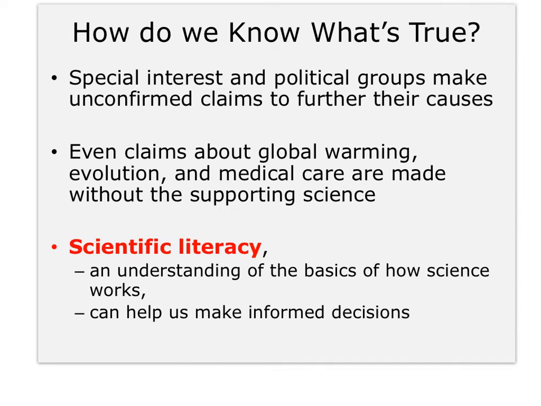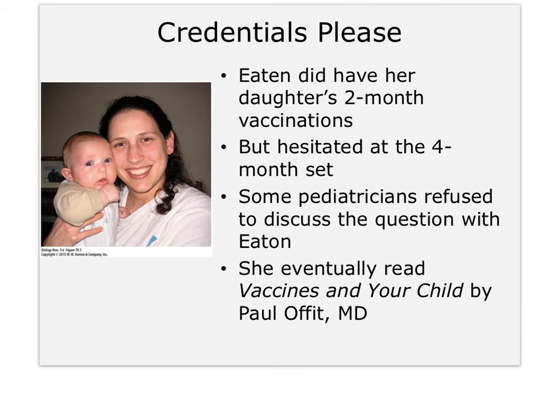So how do we know what's true? We really need to look at how basic science works and how to make informed decisions. Where do we go to find this information? Look for credentials. Who wrote it? Is it published in a peer-reviewed journal? Did a bunch of scientists review it, or is it just one guy spouting some nonsense on their website?